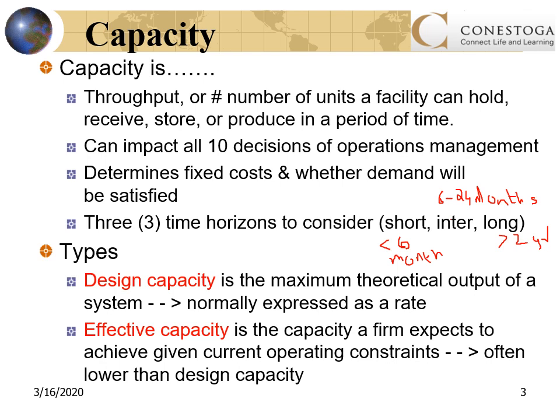So the word design capacity refers to the maximum output that we can expect from a system. So this definition is with respect to a machine. For example, a theoretical maximum which can come out of a machine can be referred to as the design capacity of that particular machine.